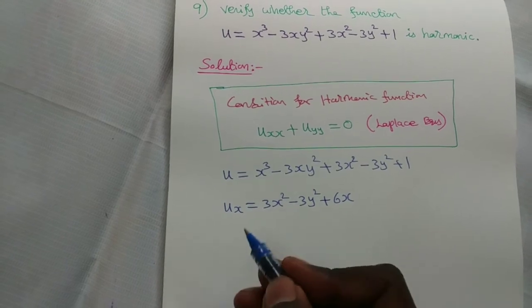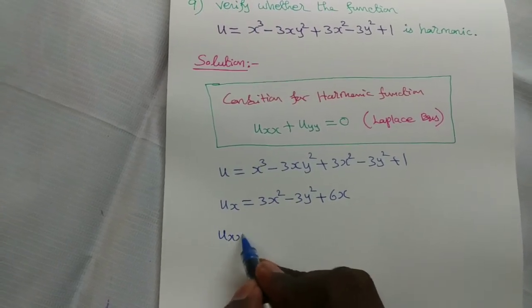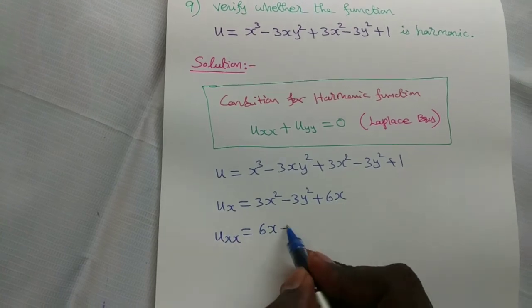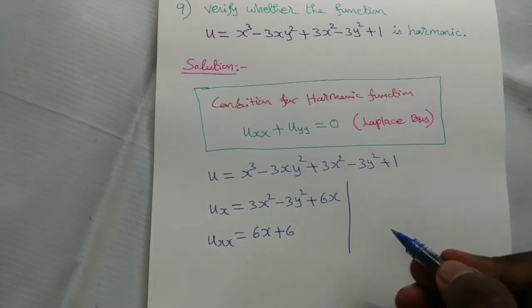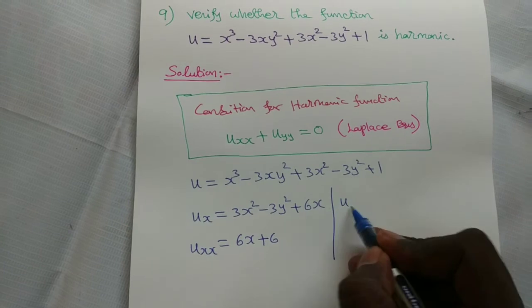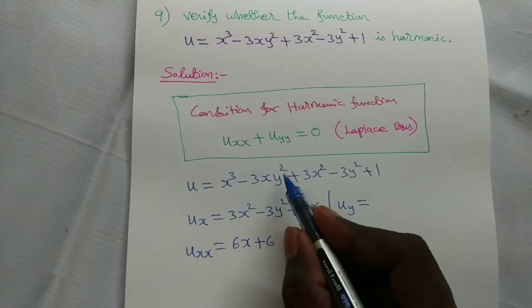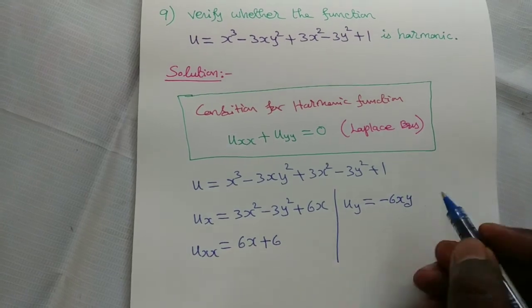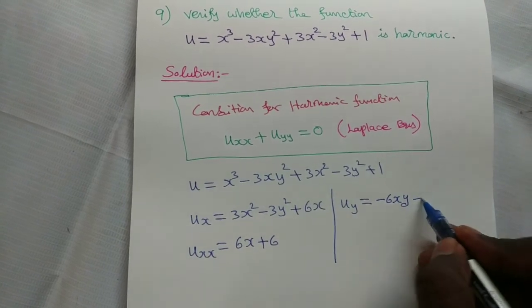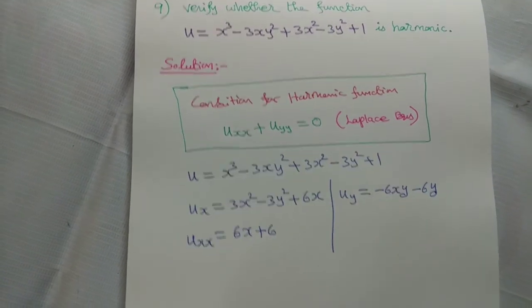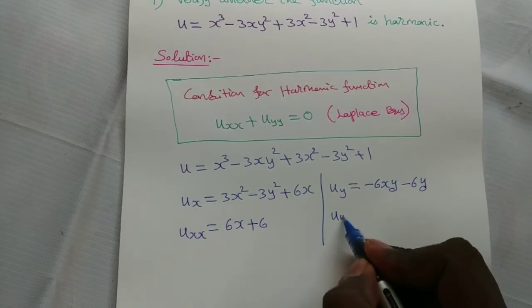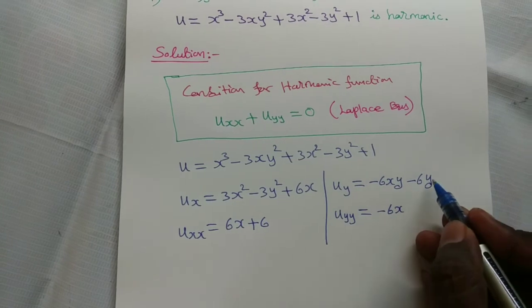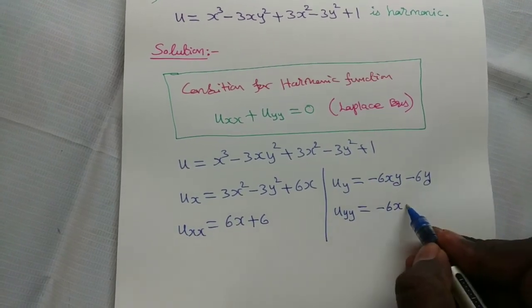And with respect to x again, uxx is equal to 6x plus 6. Next I am going to differentiate with respect to y. So uy is minus 6xy minus 6y. Once again with respect to y, uyy is equal to minus 6x minus 6.